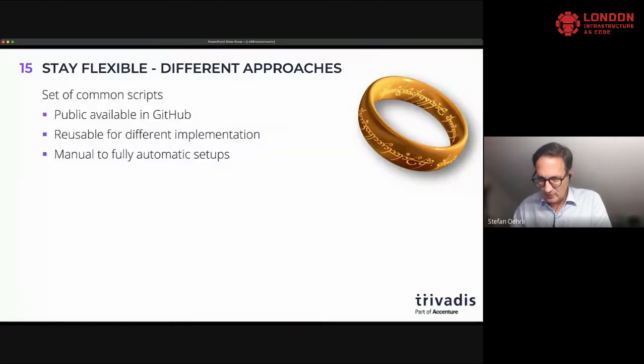I'll first show you where you'll find my scripts and what my approach is. I have a set of scripts. They are public, available on GitHub, and can be used for different kinds of implementation. I'm going to show you at least two ways how I use them.